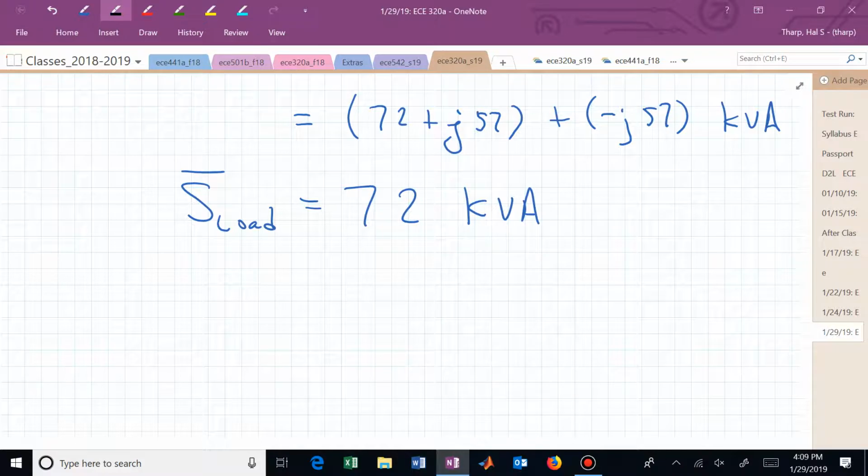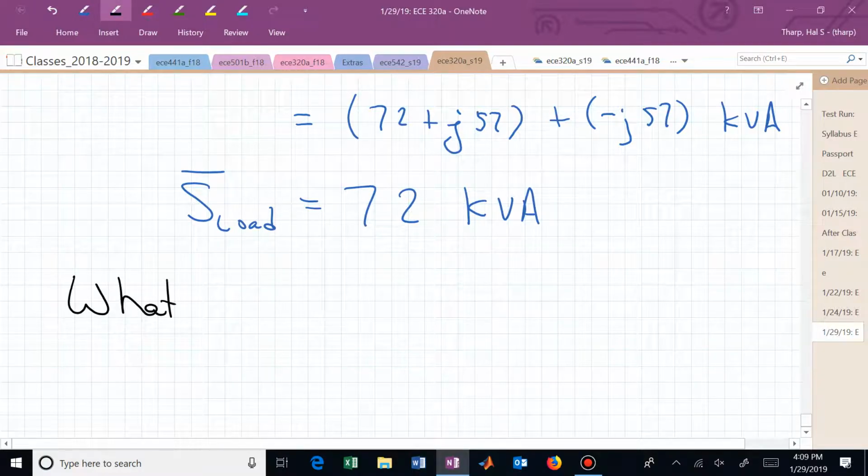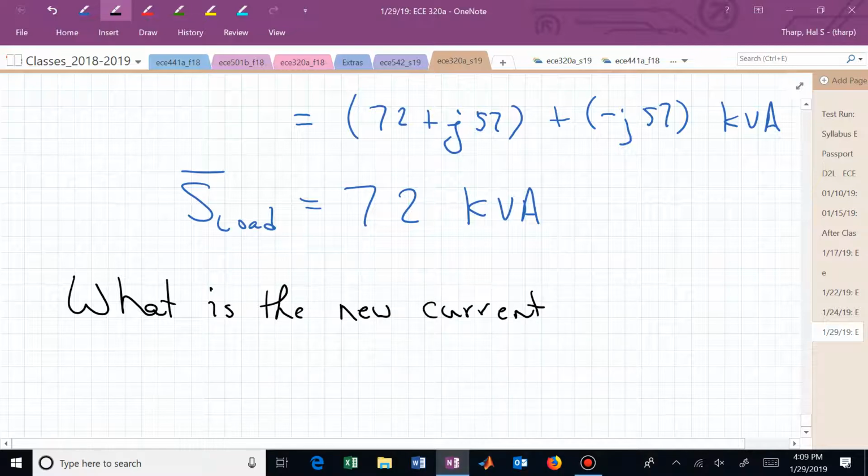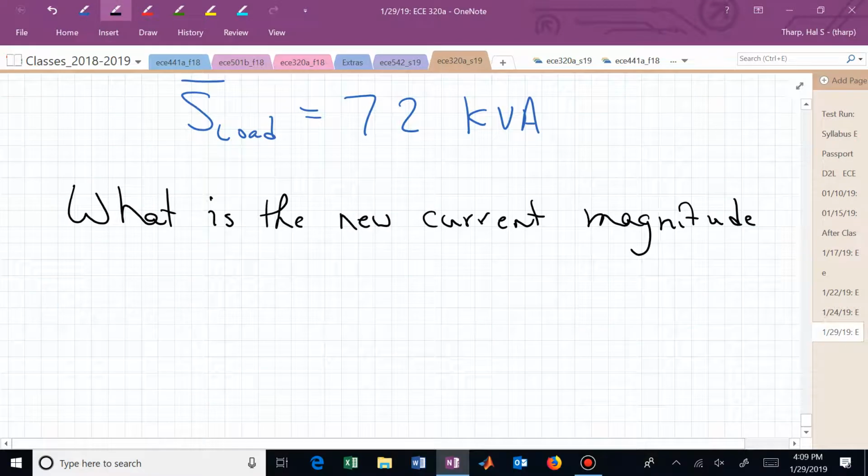And now we might ask a follow-on question and say, what is the new current magnitude supplied by the source?